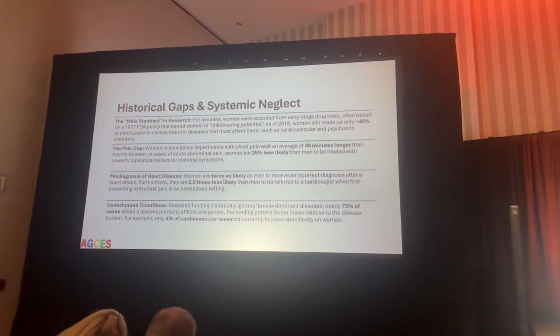I think most of us here that have been involved in women's care recognize the problems that we've seen over the historical time frame, that women's research and healthcare has been essentially neglected systemically over time. And we start with research.